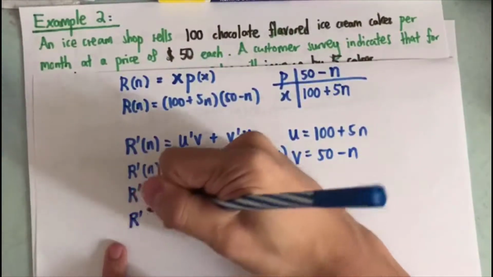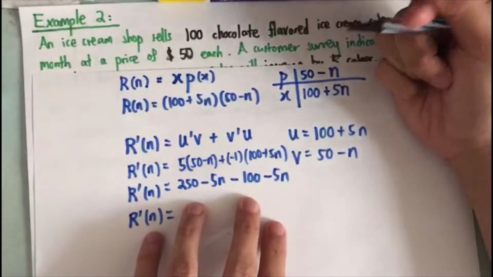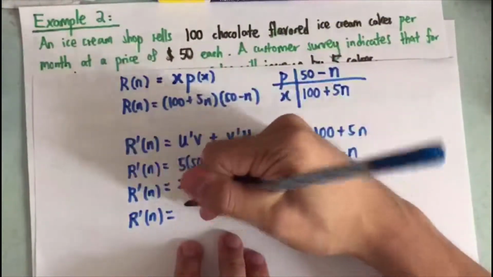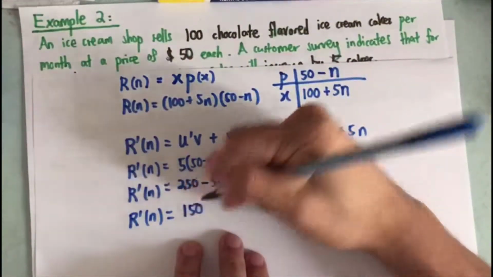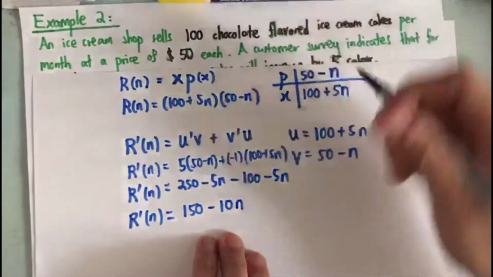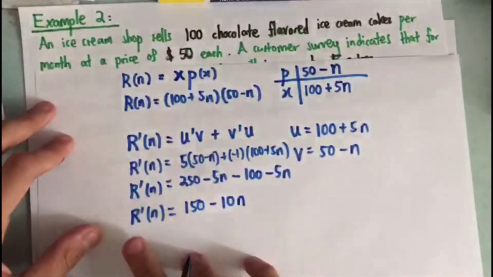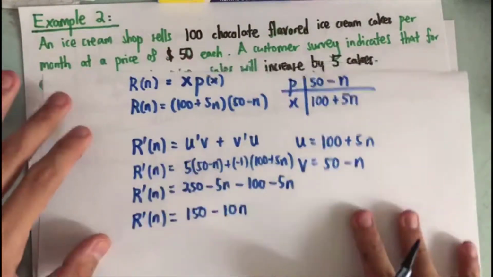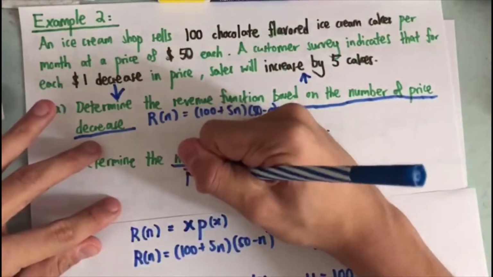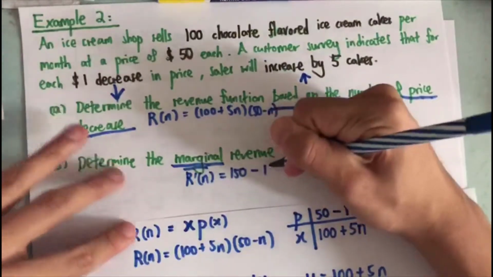And then r prime of n will be 150 minus 10n. That's where you get your marginal revenue function. So the answer is r prime of n is equal to 150 minus 10n.